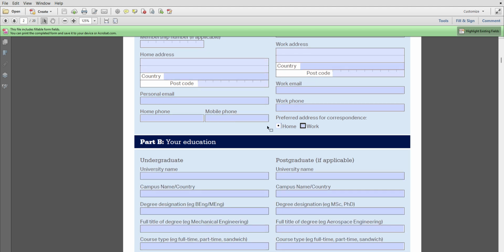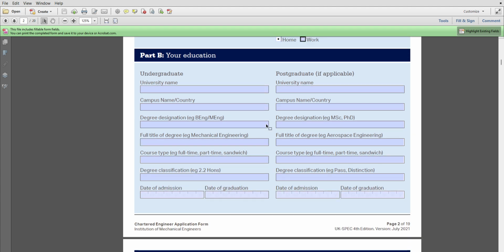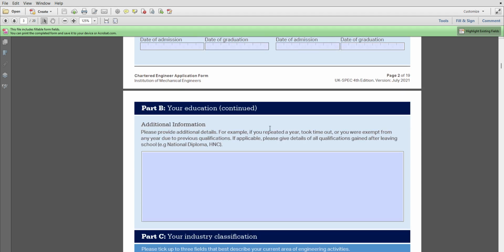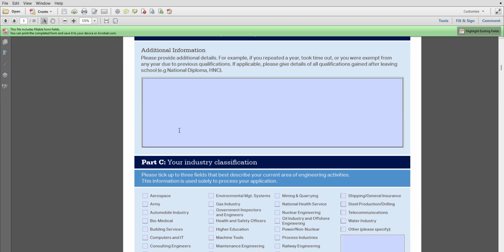And then under part B, your education, so undergraduate and/or postgraduate. Pretty straightforward information. And then additional information is provided under part B.